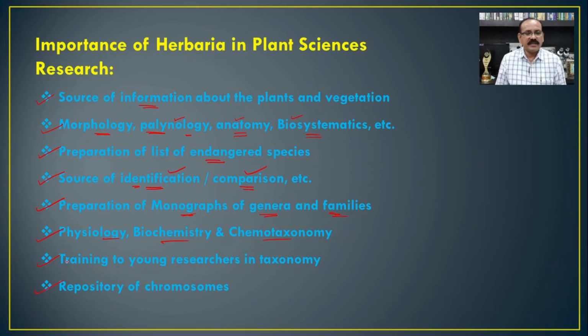Then the last one, that is the repository of the chromosomes also. Even we can compare the different species on the basis of the morphology, and if we want to compare these on the basis of the available chromosomes or the chromosome number, arrangement of the chromosome, position of the different centromeres in the chromosome, or we want to study the DNA sequencing also, then also it is possible with the help of available specimens in the herbarium, and hence again it becomes now the repository of the chromosomes also.